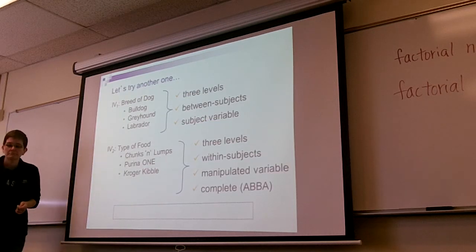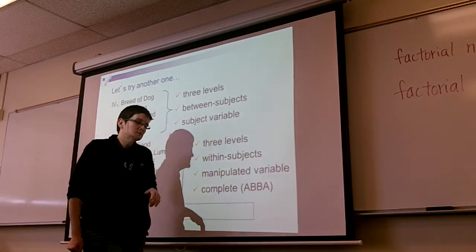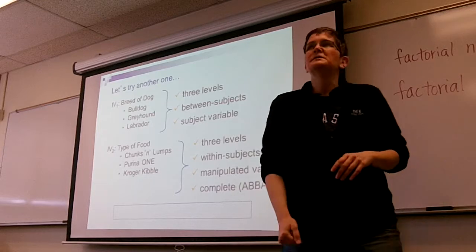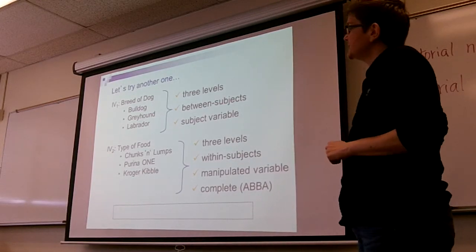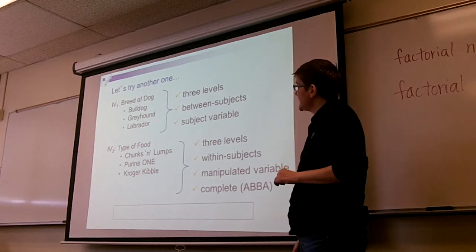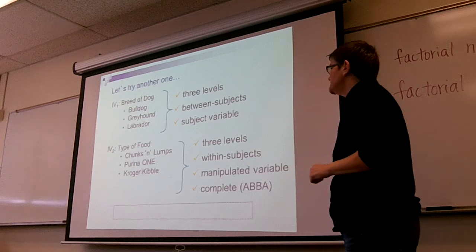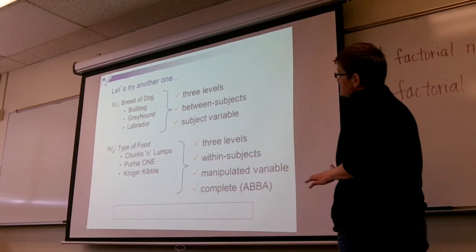Okay, so let's try one. Say we're doing chunks and lumps, because it's always good to go back to what's familiar. So our first IV is breed of dog. Our second IV is type of food. I've got 3 breeds of dogs: bulldogs, greyhounds, and labradors. 3 types of food: chunks and lumps, Purina 1, and Kroger Kibble. Right? They both have 3 levels.